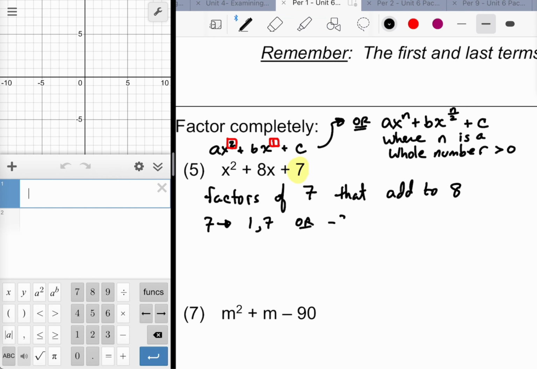Out of the possible pairings, I'm looking for the values that will add to whatever the b value is. So 1 and 7, or -1 and -7. Which one adds to 8? It's the 1 and 7.